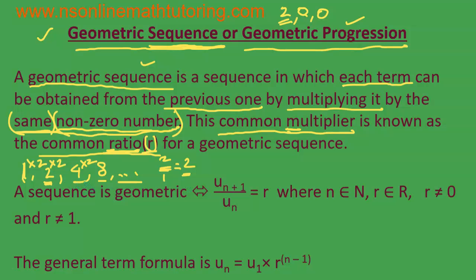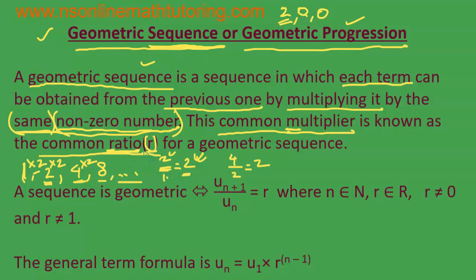If I take the third term and divide it by the second term, the previous term, I get 2. So, when the previous term is multiplied by this number, I get the next term. Or when the next term is divided by the previous term, I get the same number. So, this is where the division operation is coming.